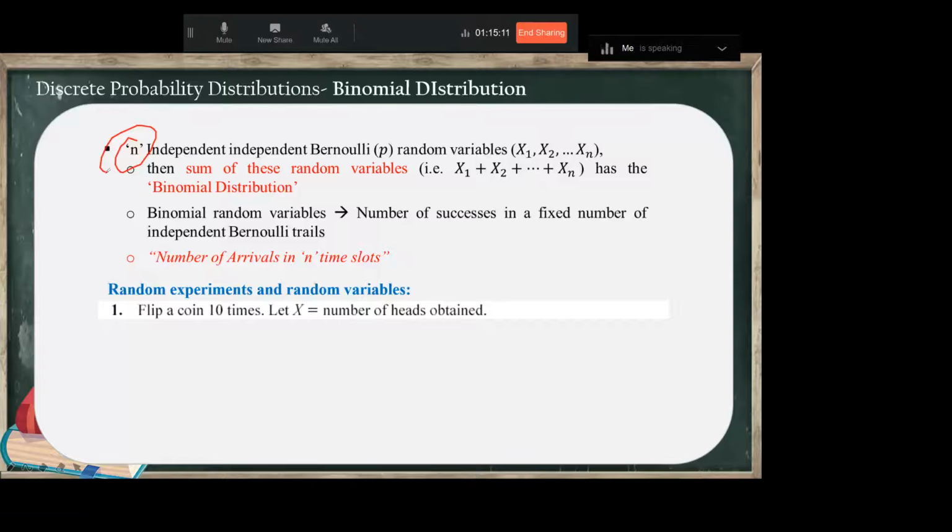So we have independent Bernoulli P random variables x1 and x2 up to xn. That's the only difference, that we have n. In Bernoulli, it's infinite. You can have just one, and you can keep doing that, and everything is independent.